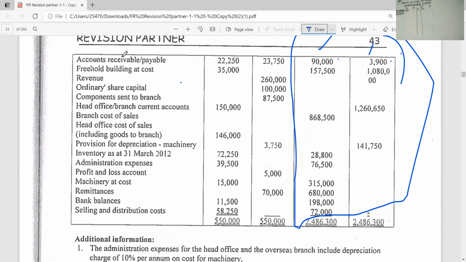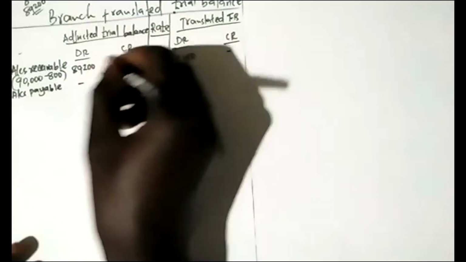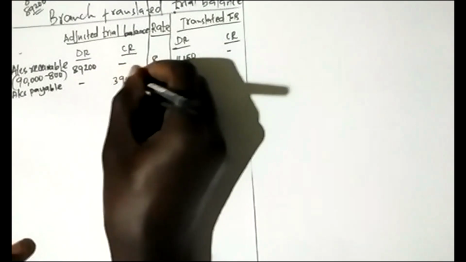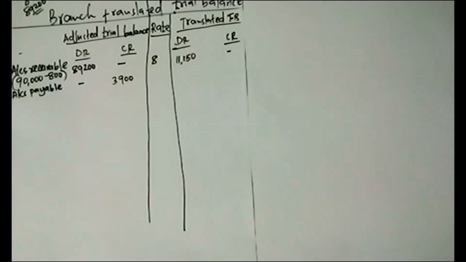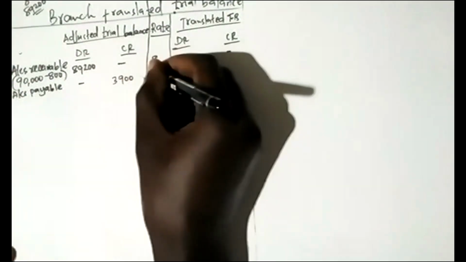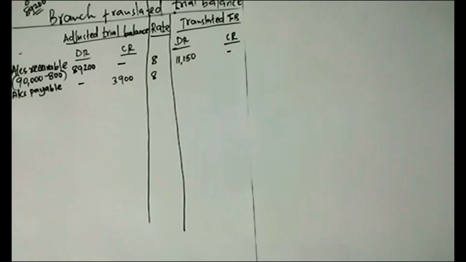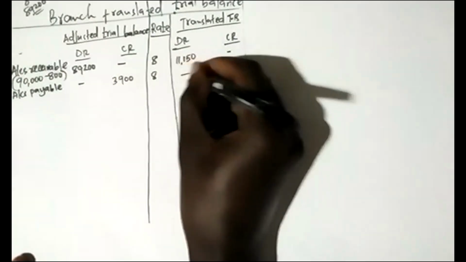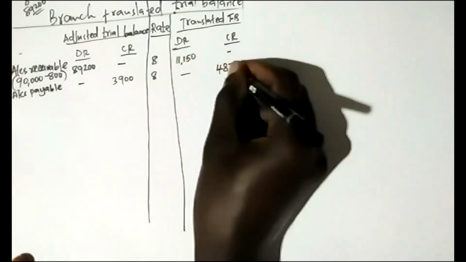So the 3,900 on the credit side, 3,900. So again, this is all about a liability. And I said assets and liabilities, we use the closing rate, which is again 8. So if I use my calculator, I'm getting 487.5.